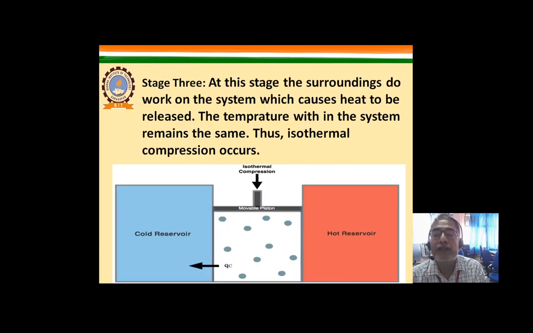The third stage is, at this stage the surrounding does work on the system, which causes heat to be released. The temperature of the system remains the same. Thus, isothermal compression occurs.